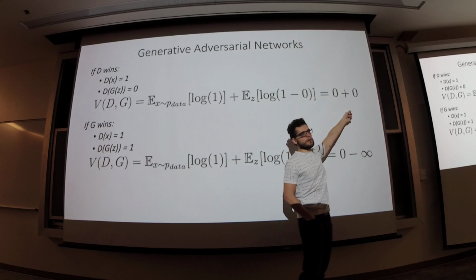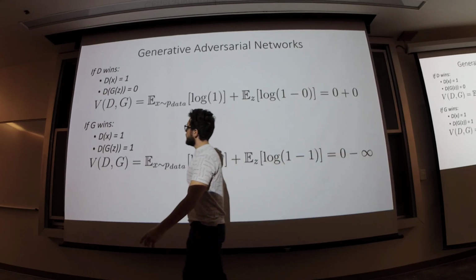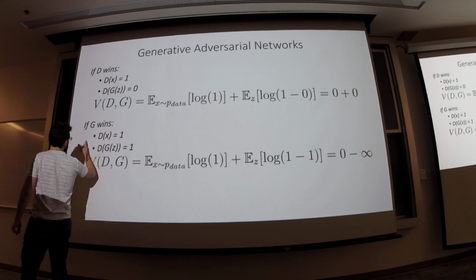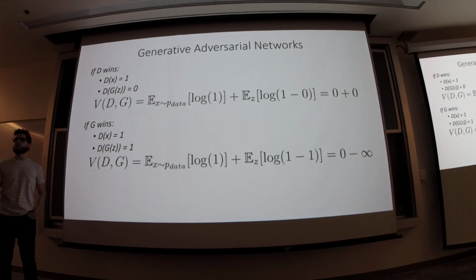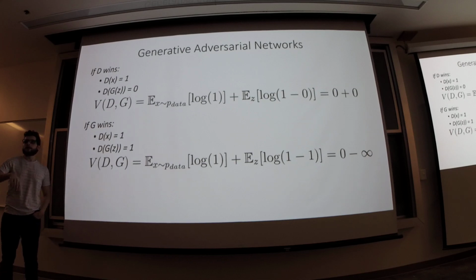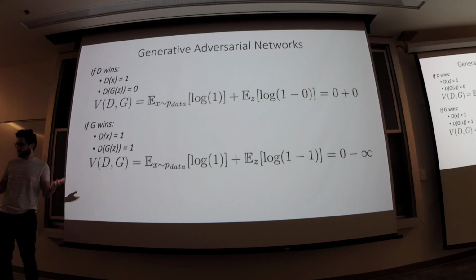So we obtain a 0, right? If the generator wins, we have D of x that is 1, because the generator doesn't have any power over the discriminator of the real data, correct?